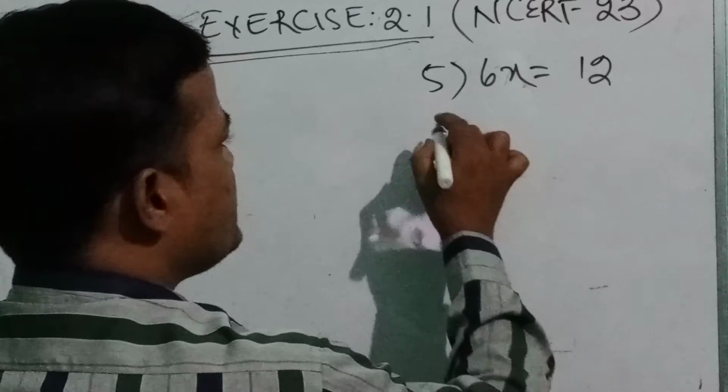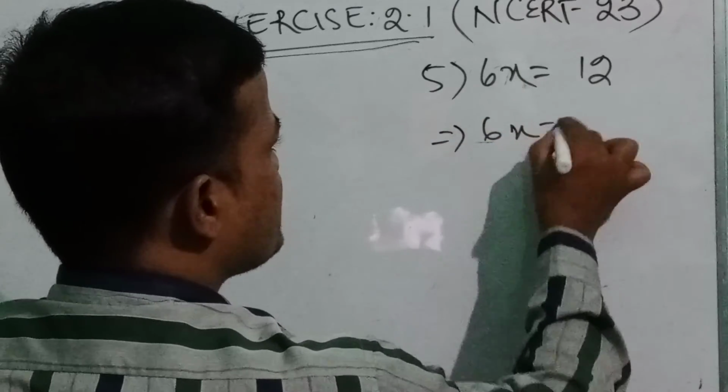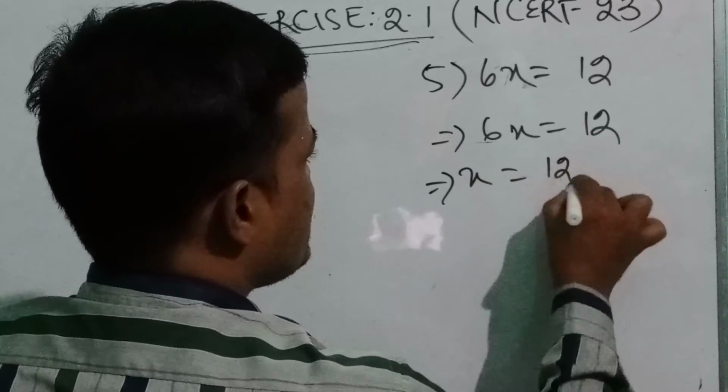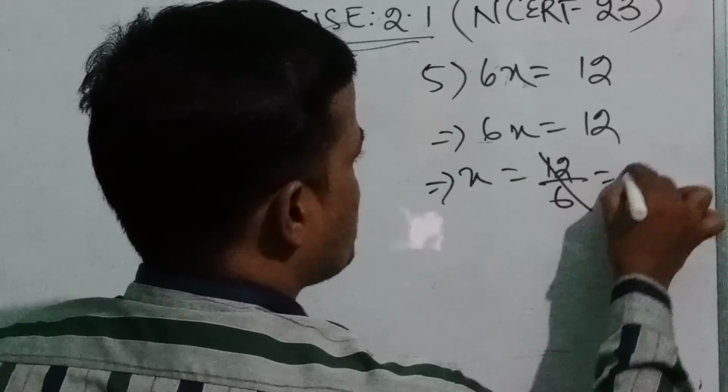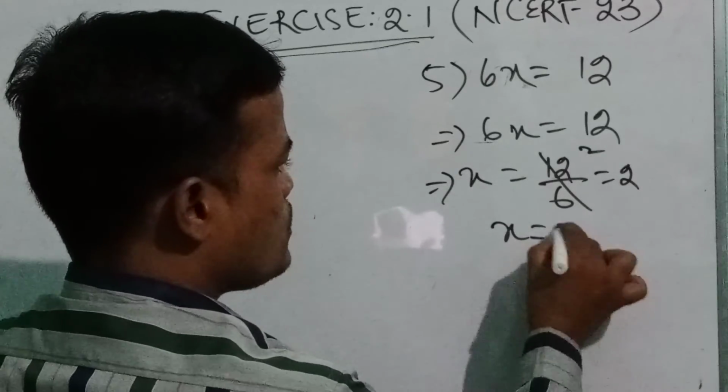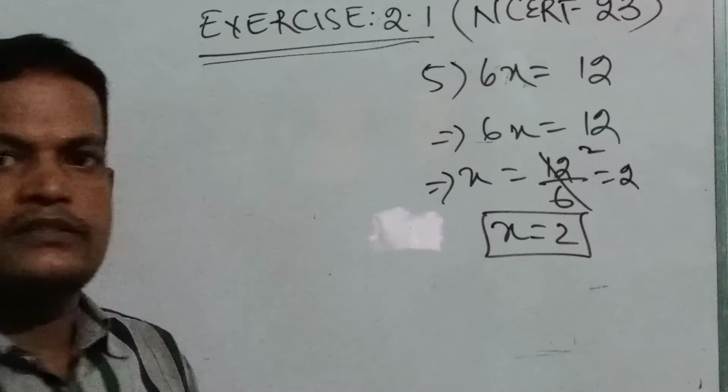Very simple. You can write x equal to 12 by 6, that is 2. So 2 is the result. The value of x is equal to 2. This is the solution.